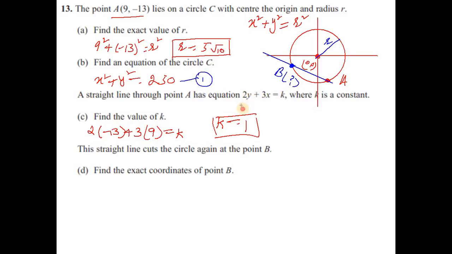And 2y plus 3x is equal to 1, as k equals 1. This is my equation number 2. So I need to solve these two equations simultaneously to figure out the values of x and y. I just need to use the substitution method because one is quadratic and the other is linear.